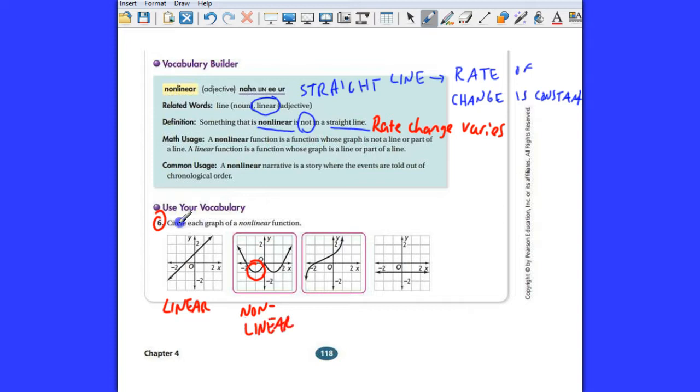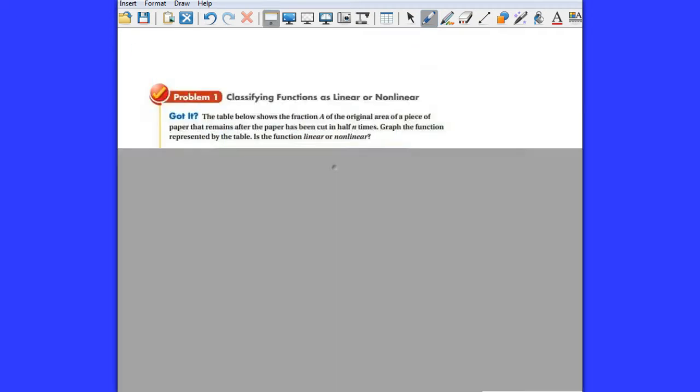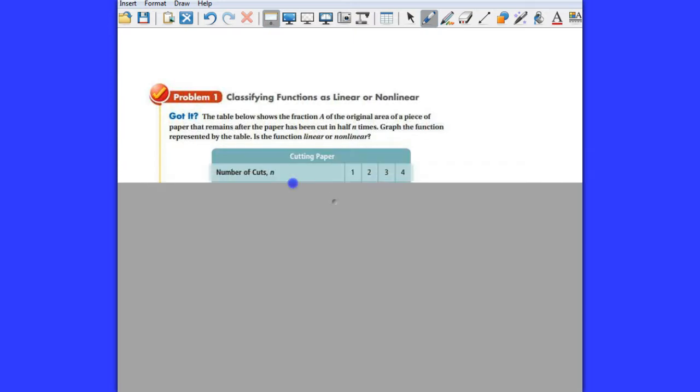So according to the directions, it said to circle the one that's nonlinear, so that would have a circle around it, as well as the next one would also have a circle around it because that's not linear. However, the last one is linear because the straight line is right there, right above the line I just drew. So that is linear right there. Okay, so linear, nonlinear, definitely going to need to know those words, and yeah, we'll go from there.